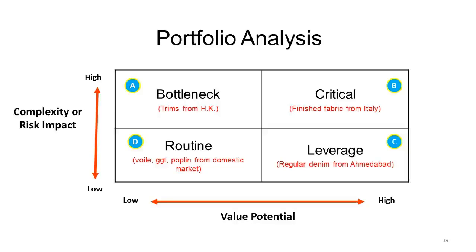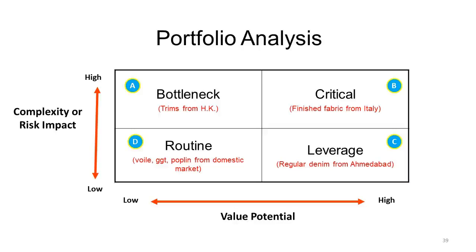Leverage means you place a lot of orders with a single factory and you try to get great prices from the vendor, because there is no complexity. There are many vendors who can produce that kind of fabric and give it to you, and because the value is high, you would like to bring down the prices as much as possible. So you try to leverage in this C quadrant.